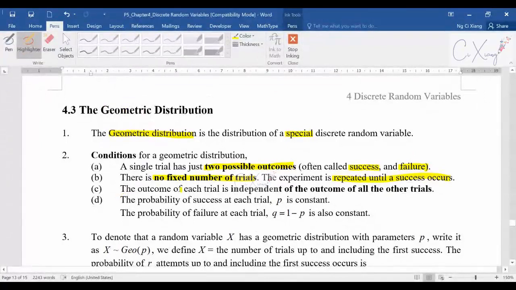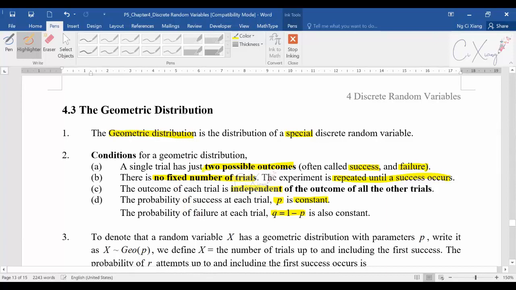Then, the outcome of each trial is independent of the outcome of all the other trials. So again, it is still independent, which means every single trial will not affect the others. The probability of success is p, and p must be constant, just like binomial. And q is 1 minus p, which must also be constant. Q is the probability of failure and p is the probability of success.